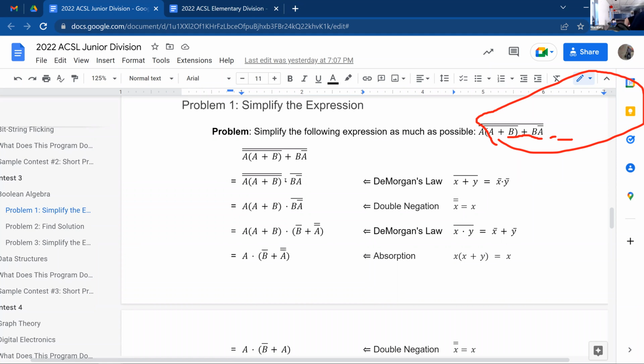And now eventually that becomes A and (not B or A). But with the commutative law, this is the same as A or not B, right? So that would be the same.